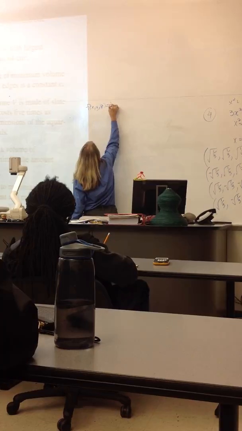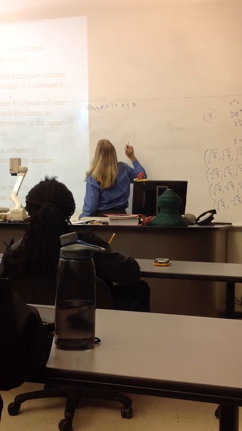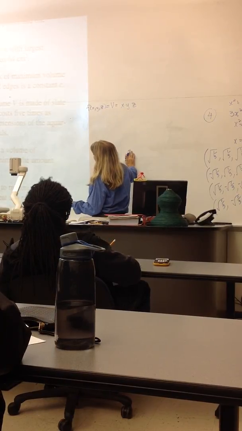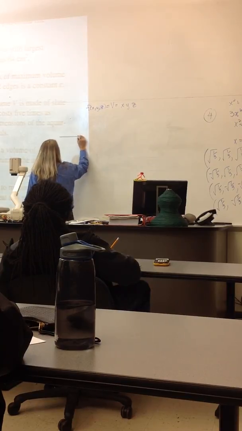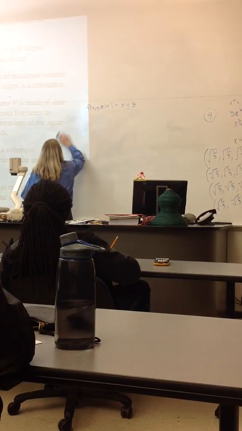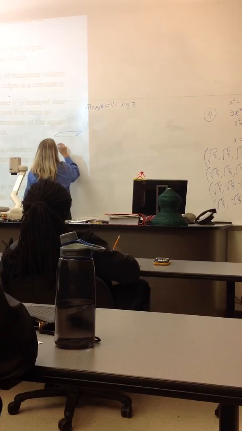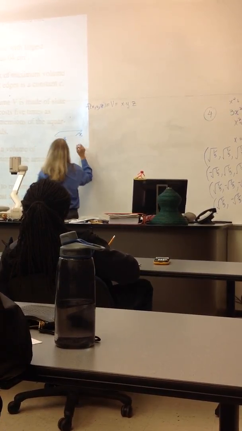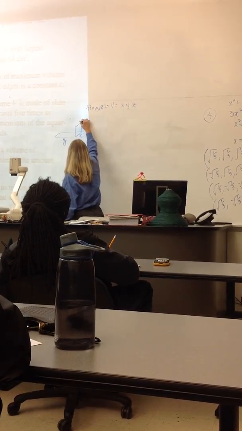It'll be the volume, so x times y times z is the volume of the aquarium, and I guess you have to decide what you're going to use for x and what you're going to use for y and what you're going to use for z. So I will let y be the one side and x be the other side, and then z is the height of it.